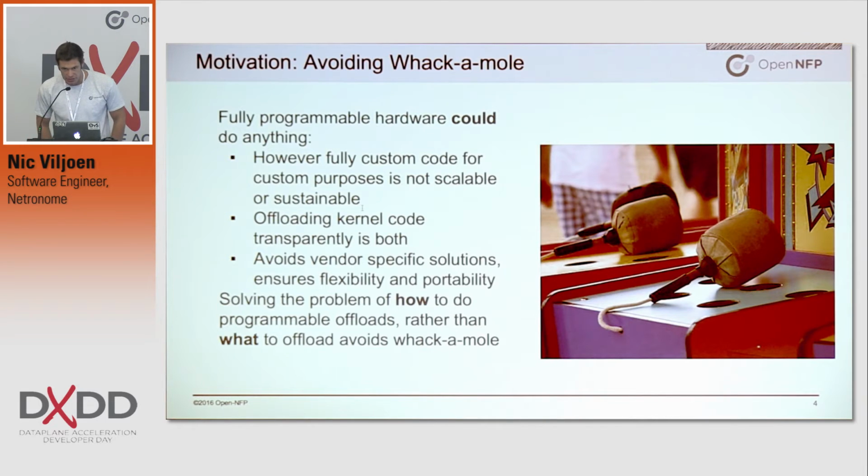So just to repeat that comment, there's this key issue about state migration. As soon as you have intelligent NICs or intelligent devices within your system and you have loads of state migration going on, unless you're transparent with the kernel, you're going to have to add in a whole load of new infrastructure to be able to do that. So being in sync and being in state with the kernel allows you to avoid a lot of those issues. That's a very good point.